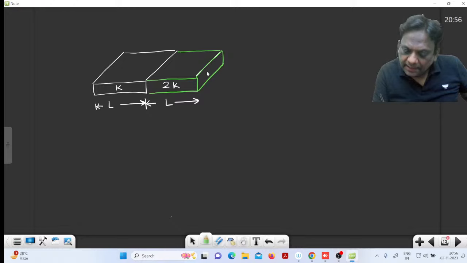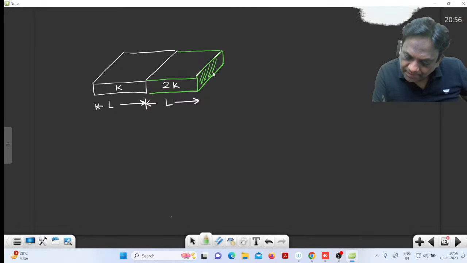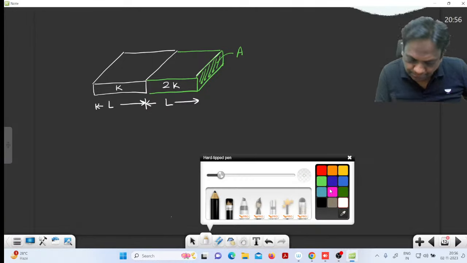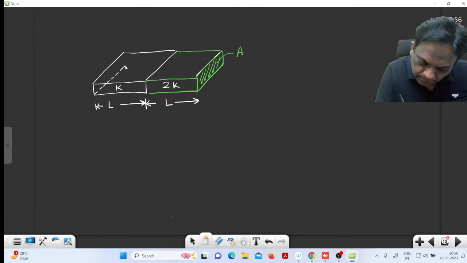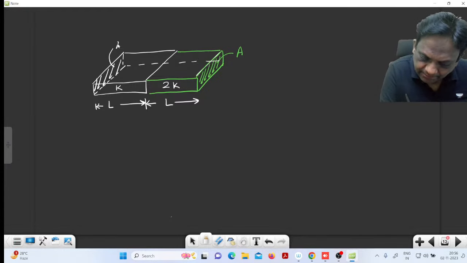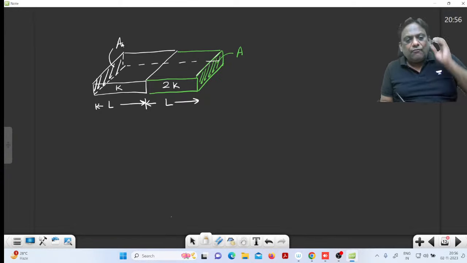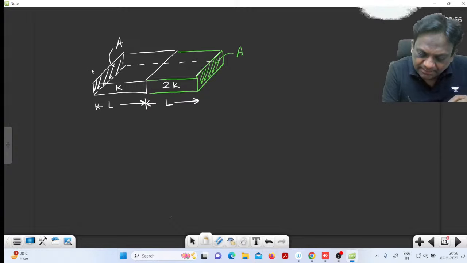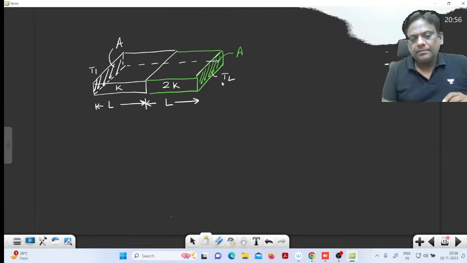Now, let me take this area as A and this area is also A. In one case we kept them like this. This is at a temperature T1 and this is at a temperature T2.